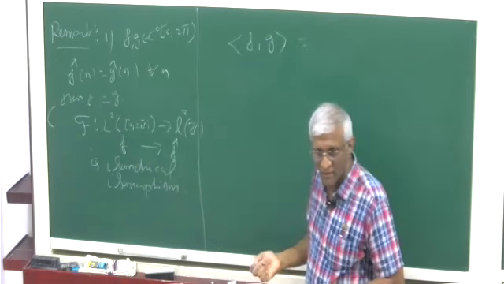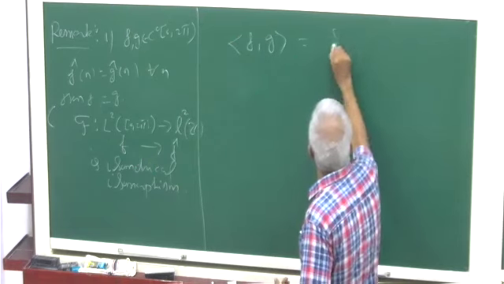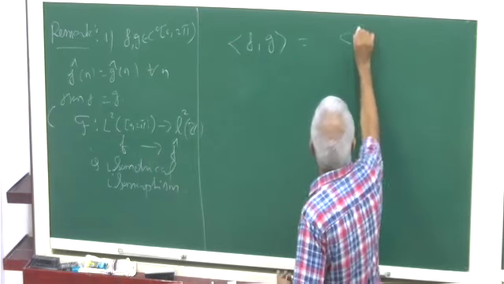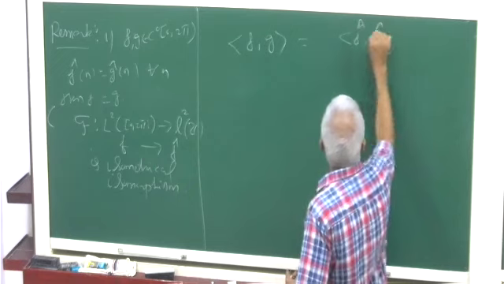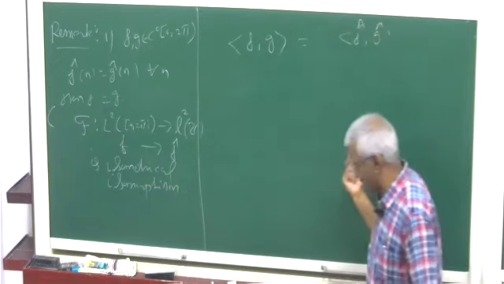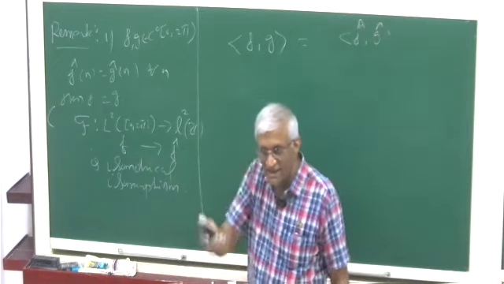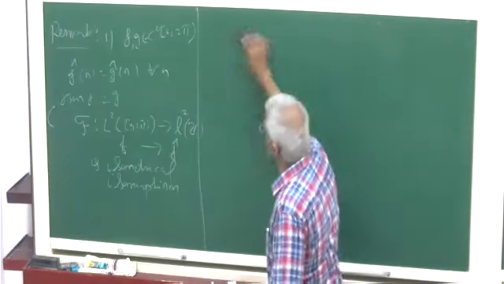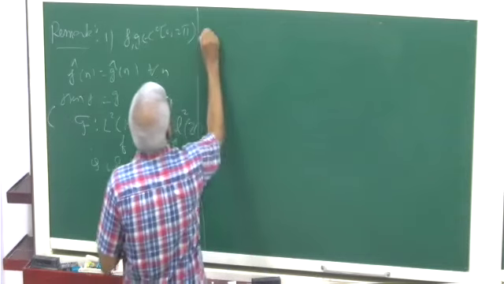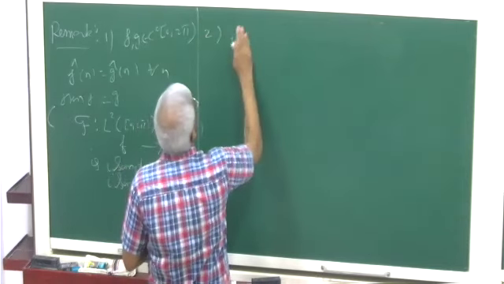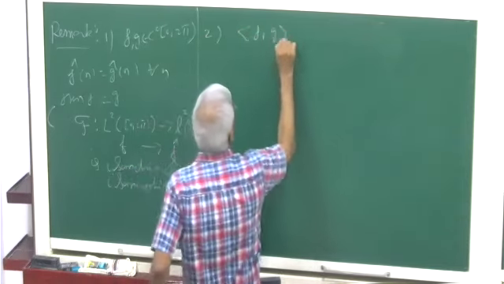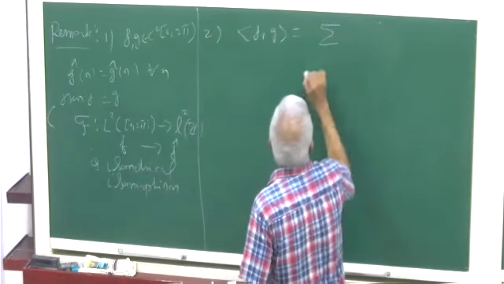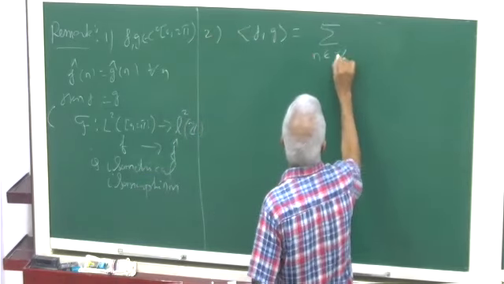There is really nothing to it. It will take ten minutes. It is just for you to understand. The inner product of f and g is the sum over n in Z.